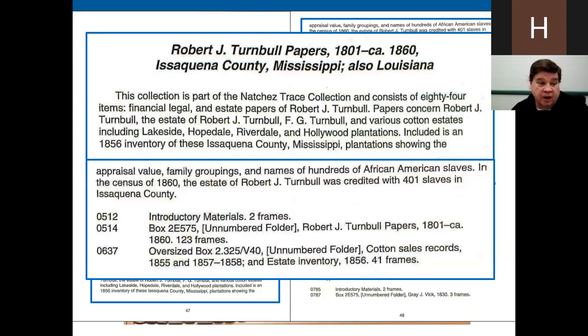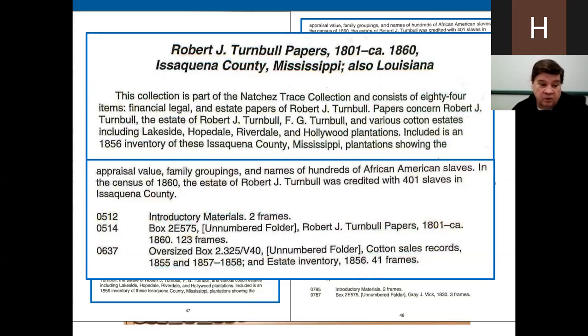In this case, it's the Robert J. Turnbull papers. He died in Issaquena County, Mississippi, but he also had property in Louisiana. Basically, he owned a number of cotton estates, including Lakeside, Hopedale, Riverdale, and Hollywood plantations.